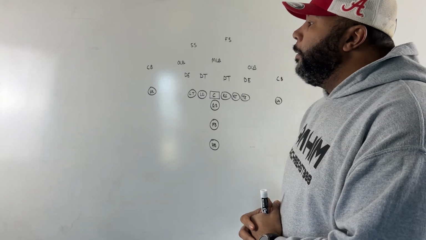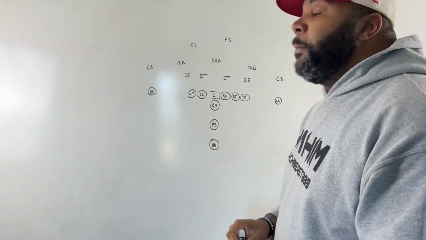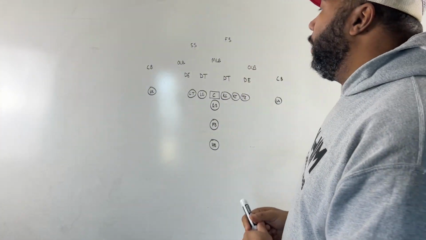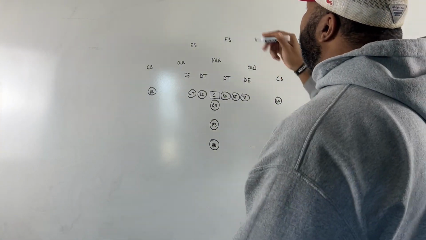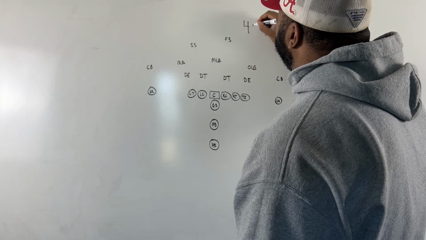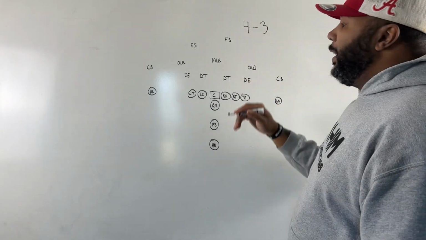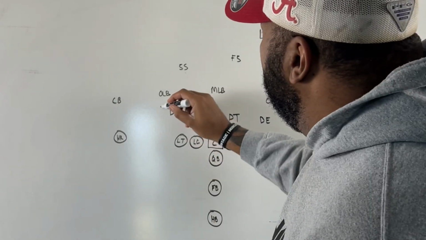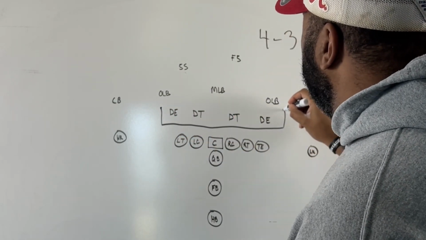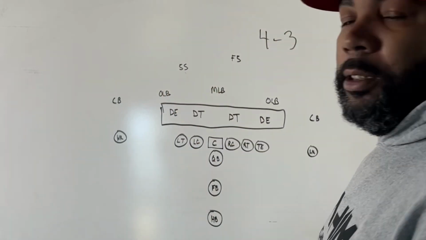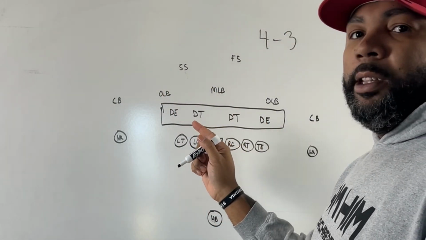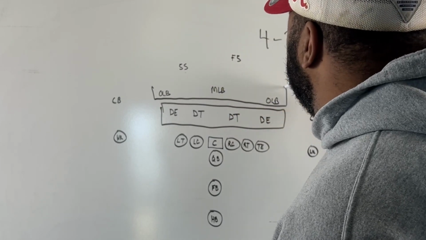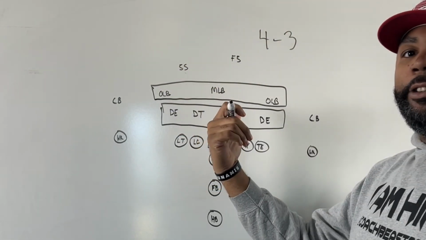In terms of the defensive formation, this is considered a 4-3 defense. Let me write that down. Why do we call it a 4-3 defense? It's because you have 4 defensive linemen, and we're going to get into that, and you have 3 linebackers here.